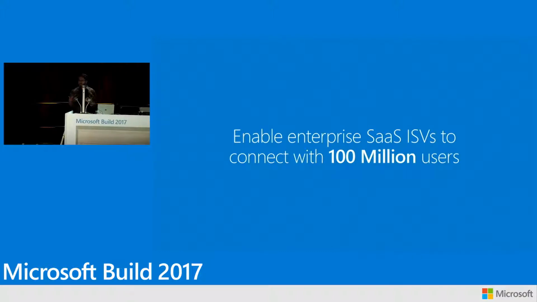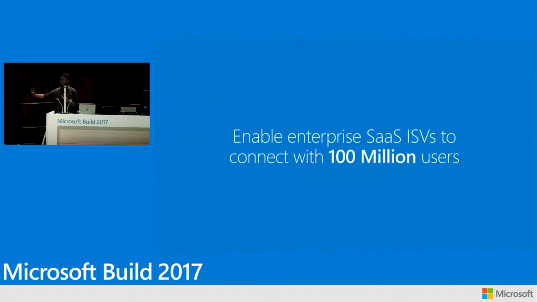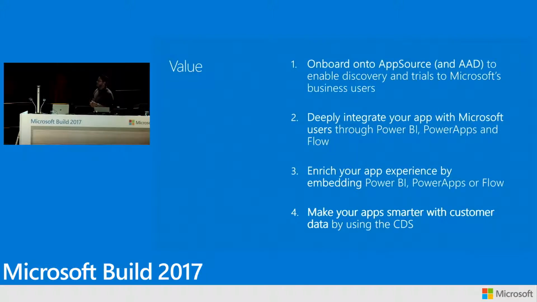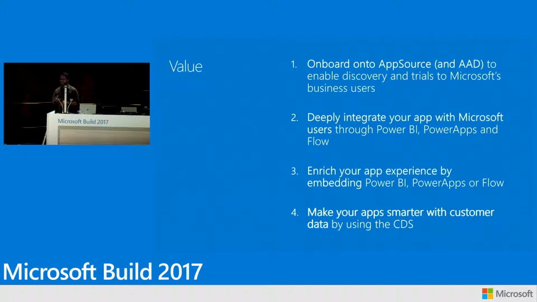So as Microsoft, we've been thinking through how to get a great app built by folks like you in front of our users and make that connection happen. We'll tell you how we make this real, and how you can get involved. We're going to go over 4 key things.